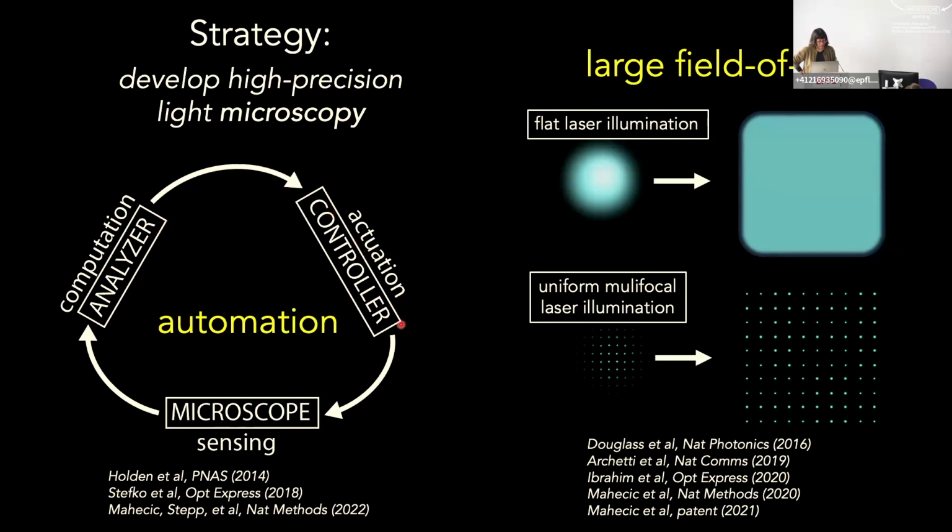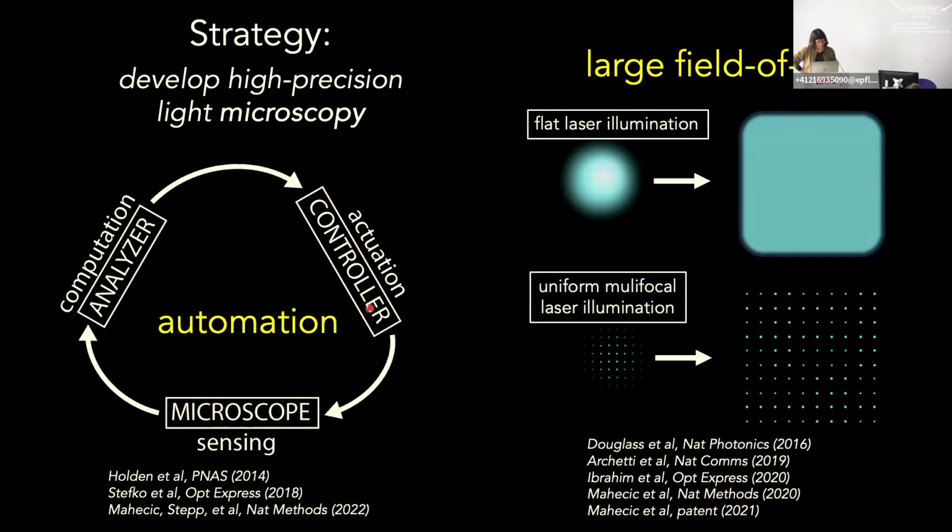And this is a classical closed loop control that you could picture having in a microscope. In a super resolution microscope, it's slightly different because of the way that you need to control the excitation and the emission of the fluorophores.